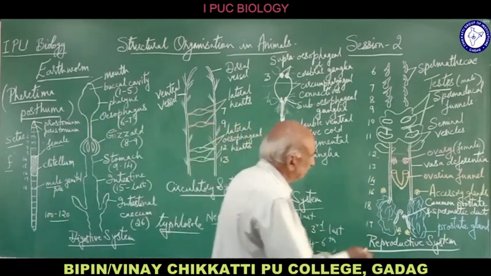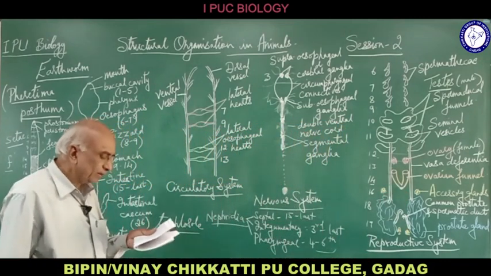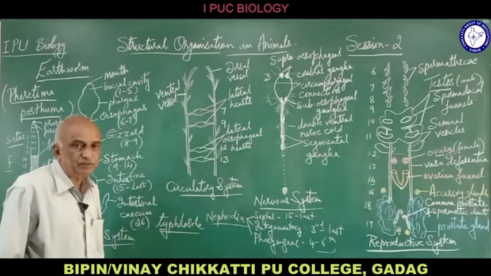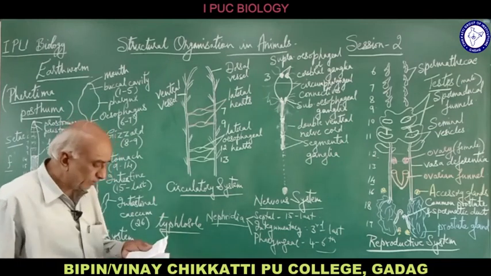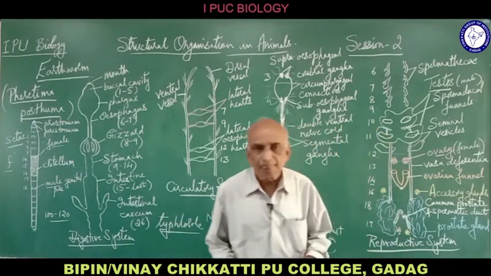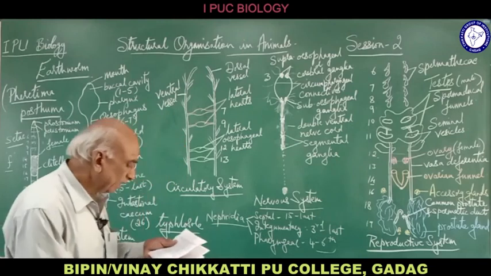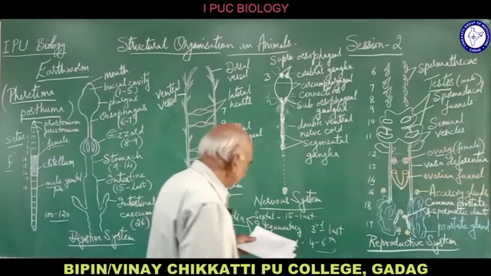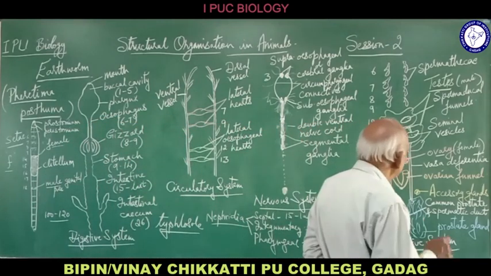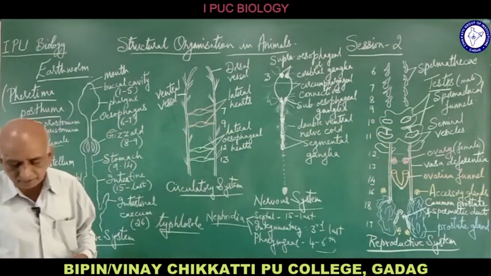So those cocoons which are released by the female genital aperture develop into embryos. After about 3 weeks the embryo will develop into young earthworms, and each cocoon takes an average of 3 to 4 weeks to produce a young earthworm.